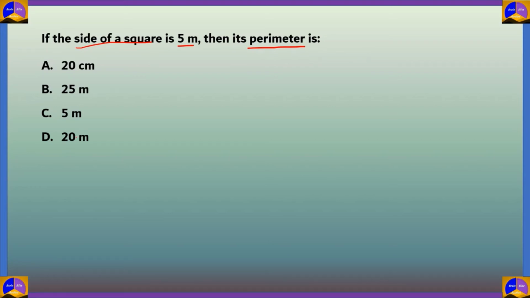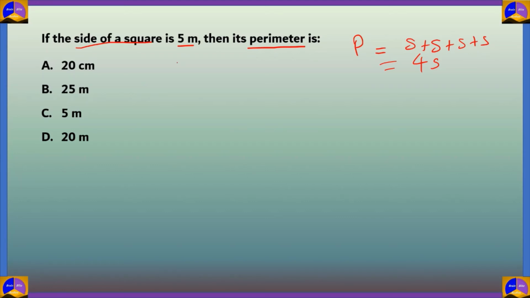Now, to find the perimeter of a square, if we represent the perimeter of a square as P, so P will be equal to S plus S plus S plus S, where S represents the side of a square, or we can write it equals 4S.